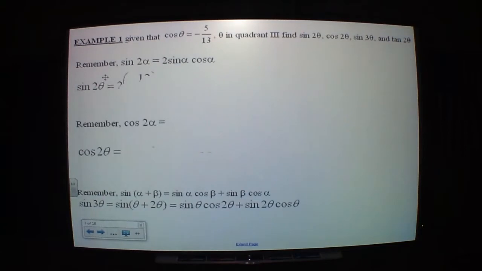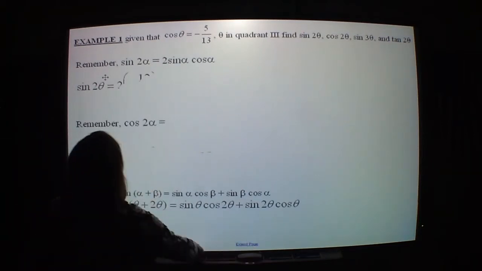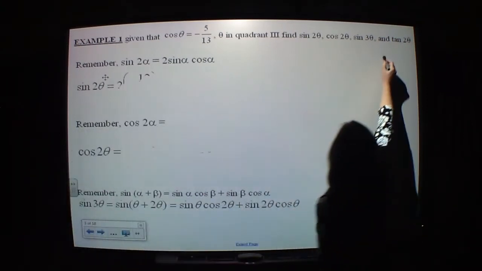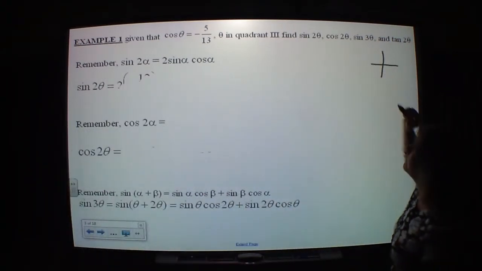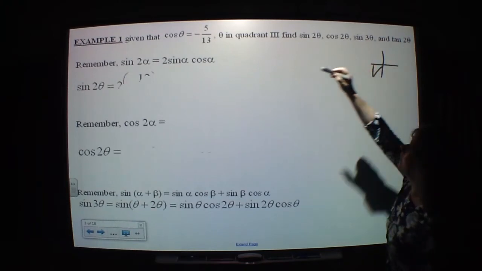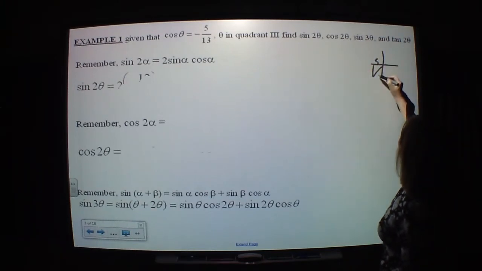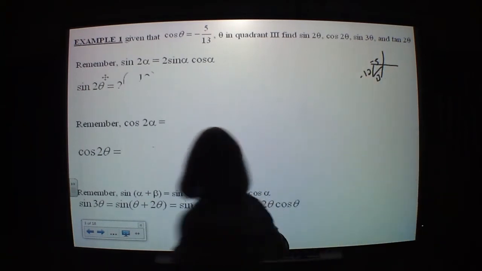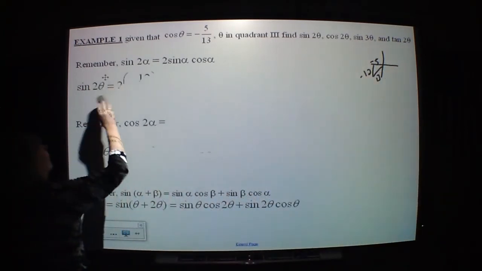So when I'm drawing these, I would probably draw them out first before I plugged into the formulas. Remember, I'm in quadrant 3, and cosine is negative 5 over 13, so that's 12. So there's my picture.